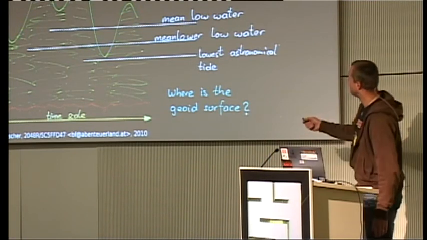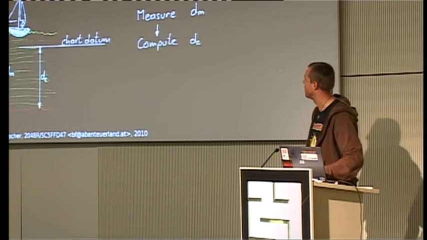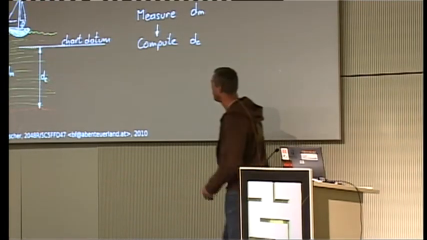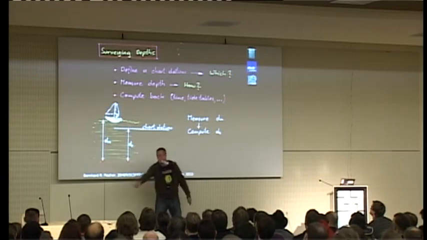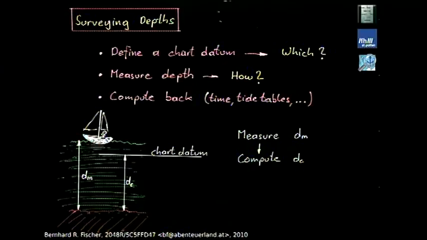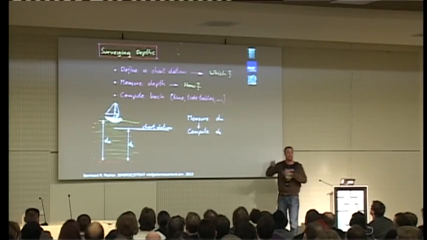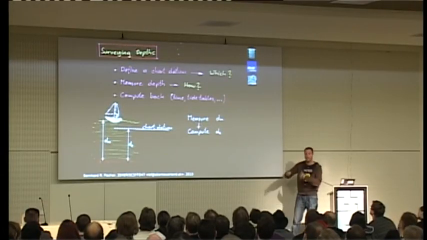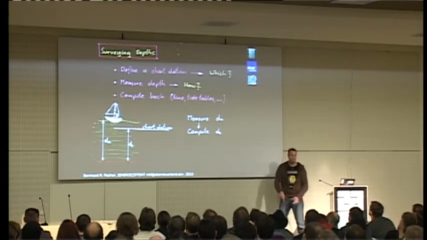So there are different chart datums to which the depth is referred, and that's what's shown here. The map actually gives you this information. If you read it in a map, it says, okay, here the depth refers to our chart datum, which is one of the 3 from before. And your boat is above or below it somewhere, and you can calculate it using those. If we go the other way around, we need to measure the depth.